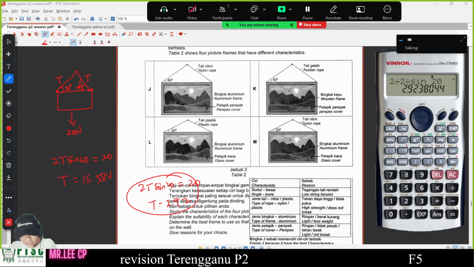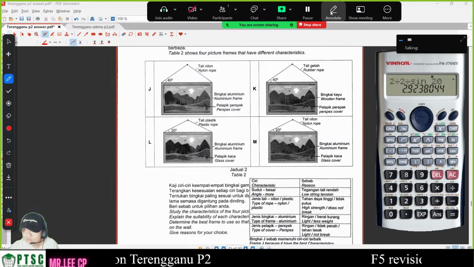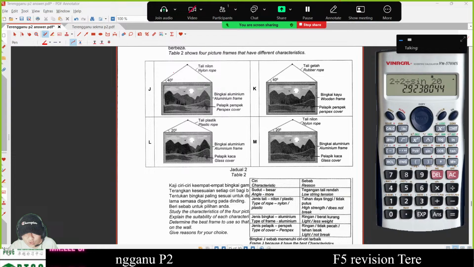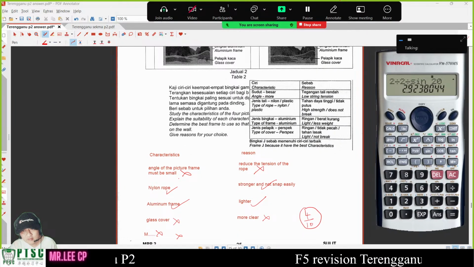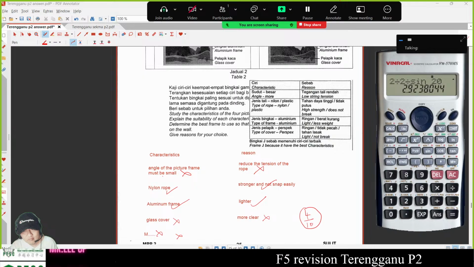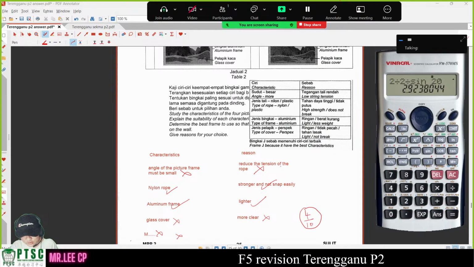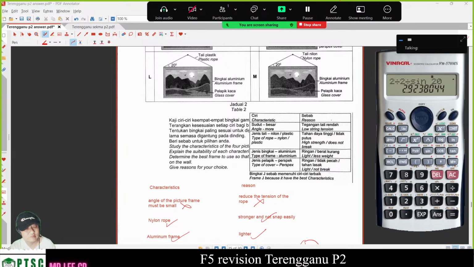Small anchor will give you small tension. So that's why I'm choosing small. You don't want too high tension, it will break easily. That's why my one is not wrong. Anchor has to be small, so reduce the tension. But they said bigger, so they said low tension. The answer is wrong.